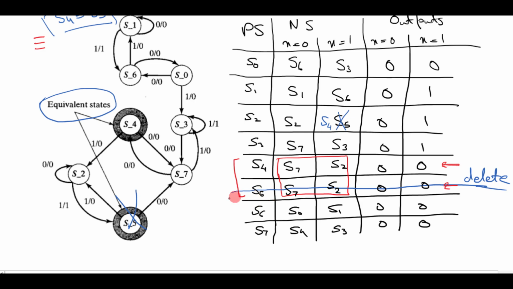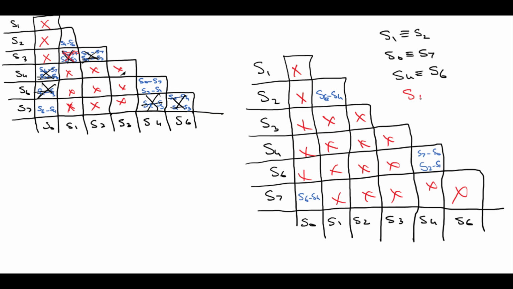And previously we have removed this row S5. That means S4 and S5 are equivalent states. So these are your equivalent states.